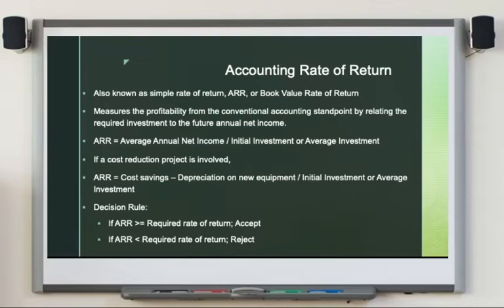It measures the profitability from the conventional accounting standpoint by relating the required investment to the future annual net income. So therefore, the formula is the average annual net income divided by the initial investment or average investment.